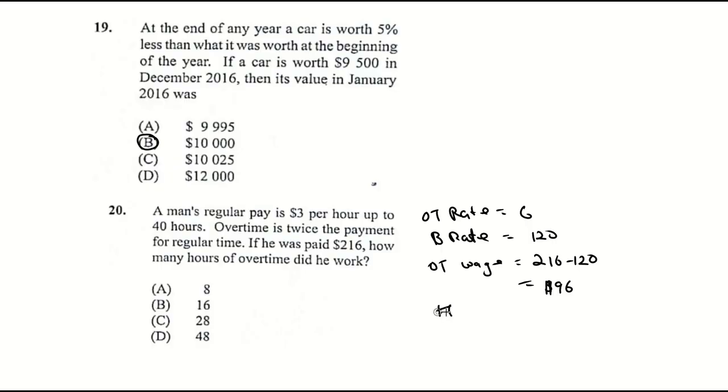So the number of hours would be 96 divided by 6. Did I subtract wrong? 216 minus 120 is 96, divided by 6 is 16. So the answer is B. And that would be the end of May, June 2021.